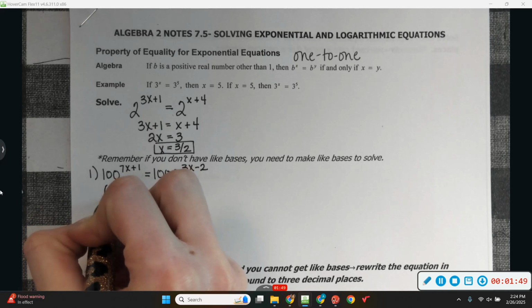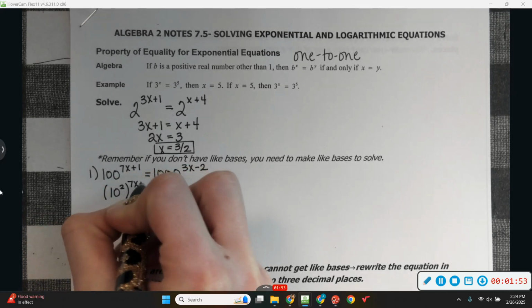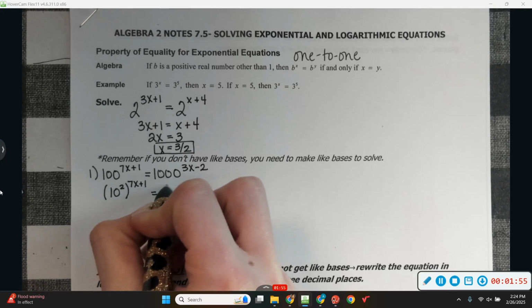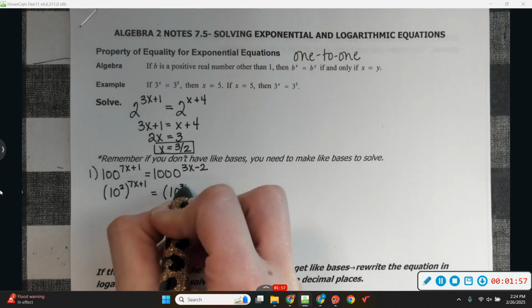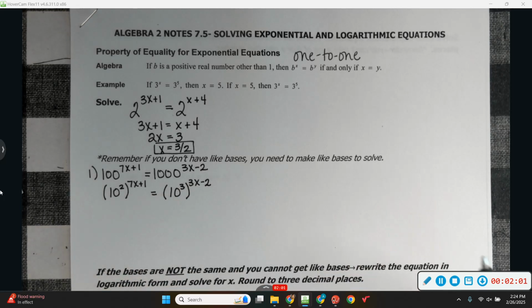So 100 is the same as 10 squared, and that is raised to the 7x plus 1 power. And 1000 is the same as 10 cubed, and that is raised to the 3x minus 2 power.